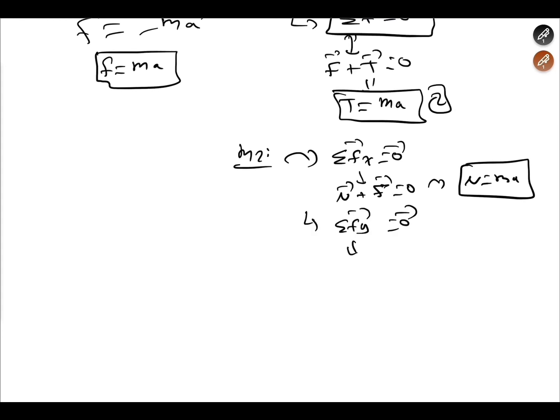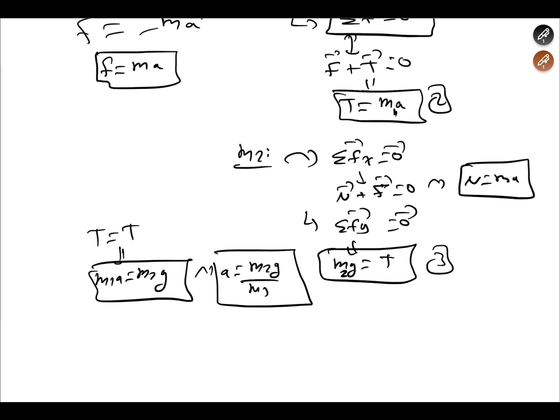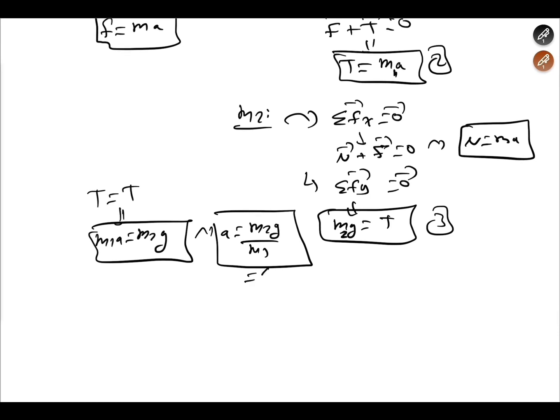Then we get that M2g equal to tension, and tension equal to M1a. This is the third equation, tension equal to tension. Then we get M1a equal to M2g. Then acceleration equal to M2g over M1, equal to 5 meters per second square.